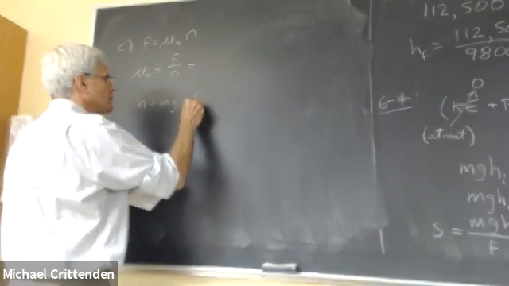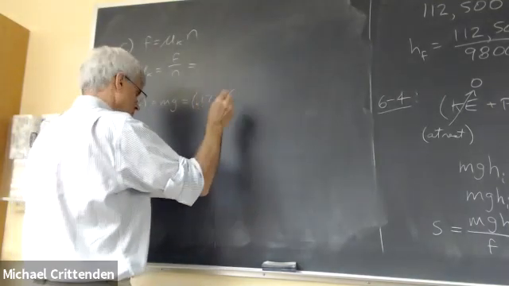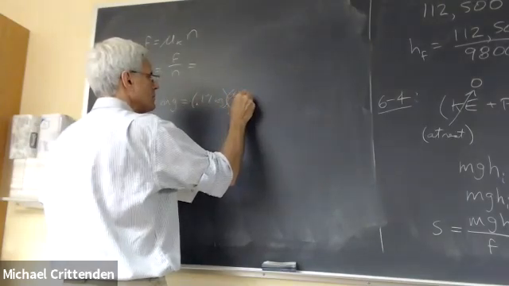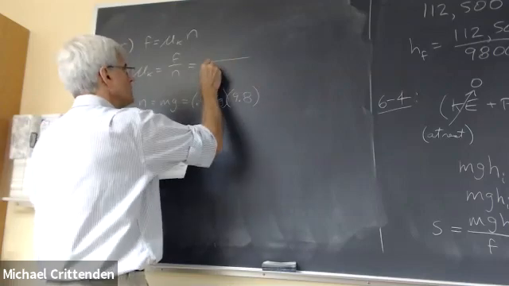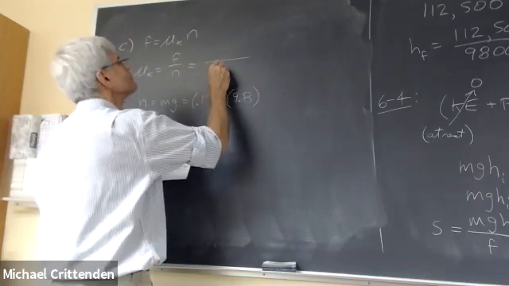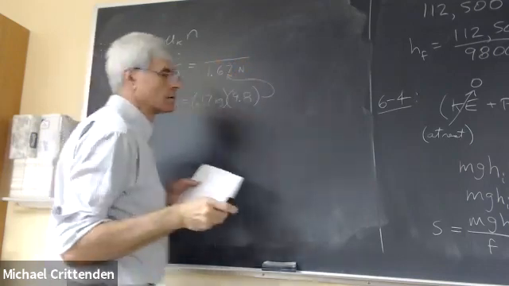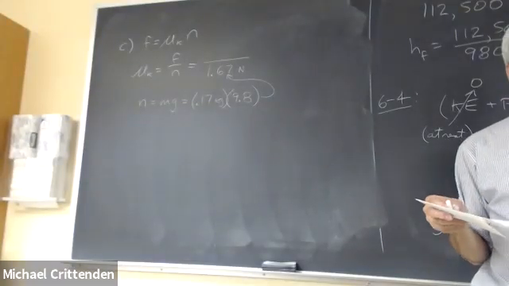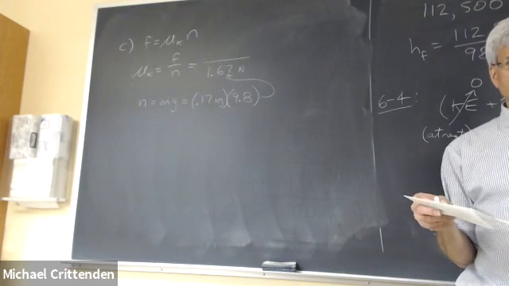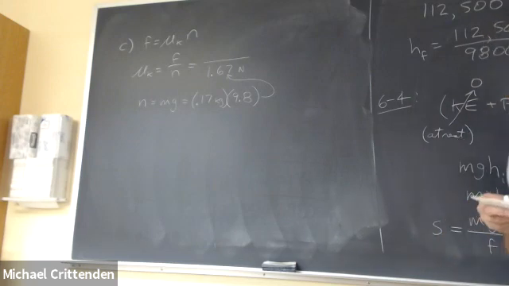We've got 0.17 of a kilogram times 9.8. That comes out about 1.67 newtons. Normal force doesn't always equal an object's weight, but in this case it does because there's only two vertical forces, the normal force up and the weight down, and they have to balance each other because there's no vertical acceleration.